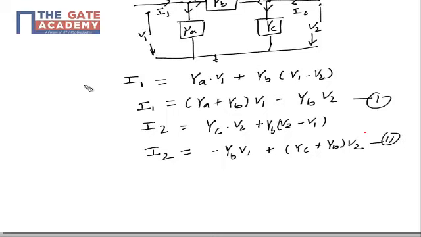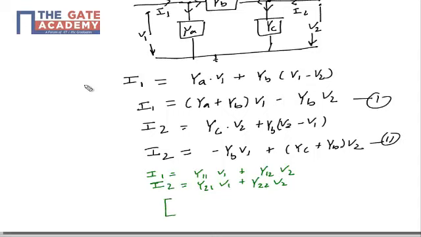We know the standard equation of the Y parameter: I1 is equal to Y11 V1 plus Y12 V2, and I2 is equal to Y21 V1 plus Y22 V2. Now compare equations 1 and 2 with the standard equation.